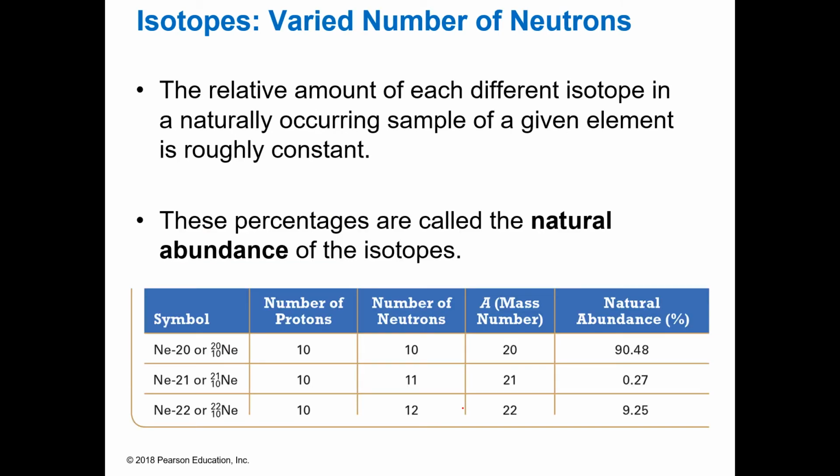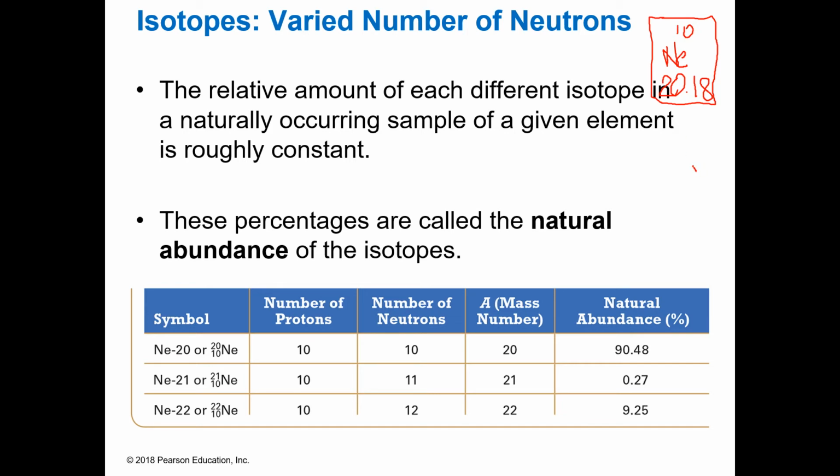Now, if we go back to the little not very good thing I wrote for neon, we have neon, and its mass number on the periodic table is 20.18. Its atomic number is 10.